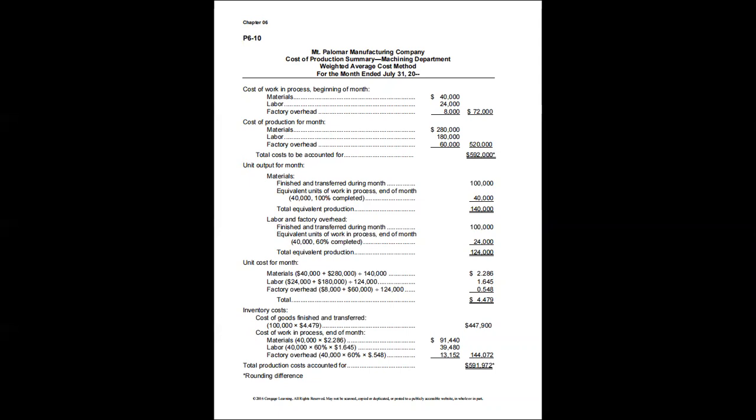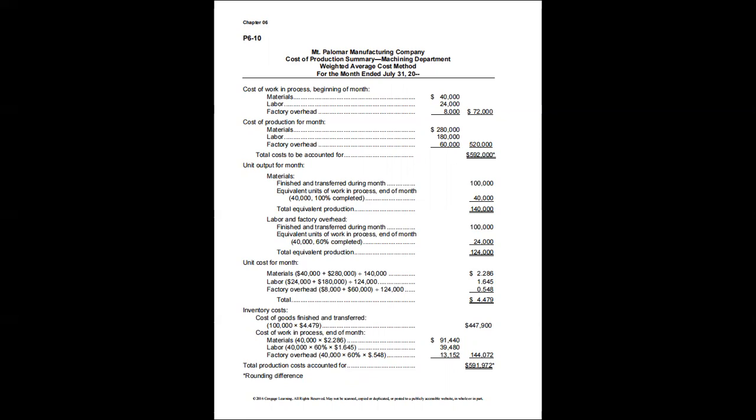Then the cost of work in process at the end of the month: 40,000 materials, all applied, times 2.286; labor, 40,000 times 60%, so that means 24,000; and factory overhead also 24,000. So the total production cost to be accounted for is 591,972, with a rounding off discrepancy equal to 28.